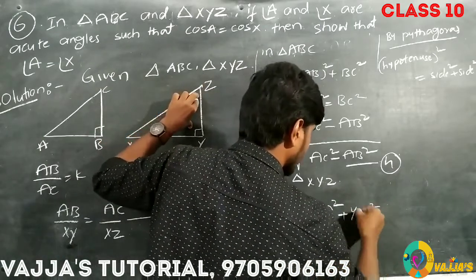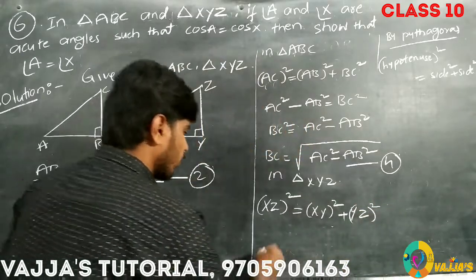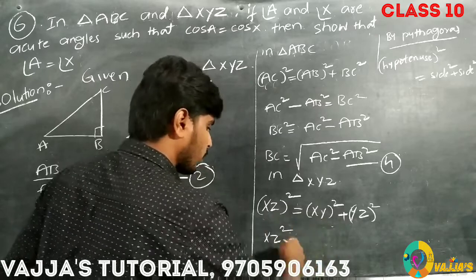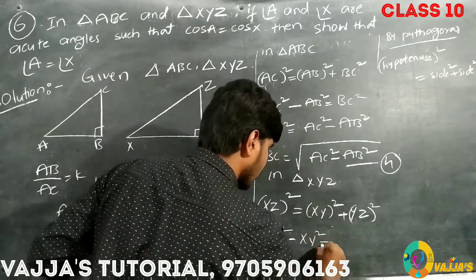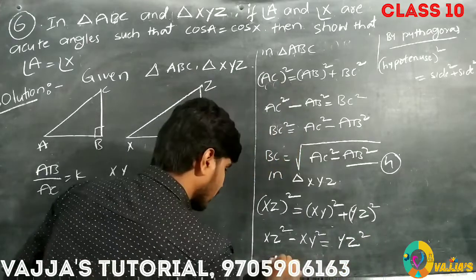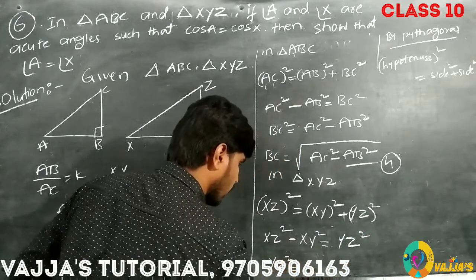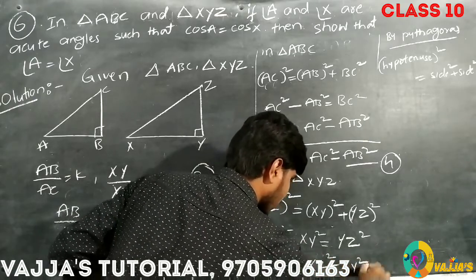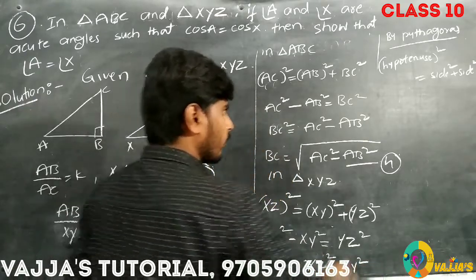So XY square is transposed to the LHS side, and YZ square remains as it is. YZ square is equal to XZ square minus XY square.